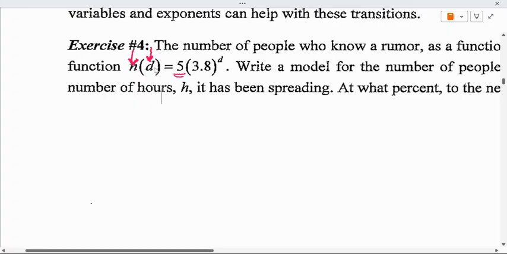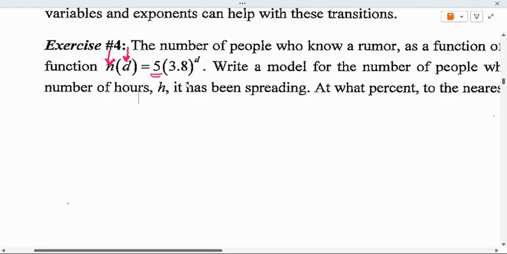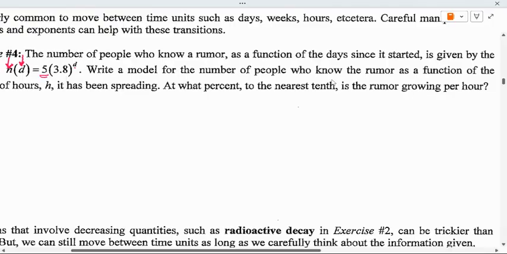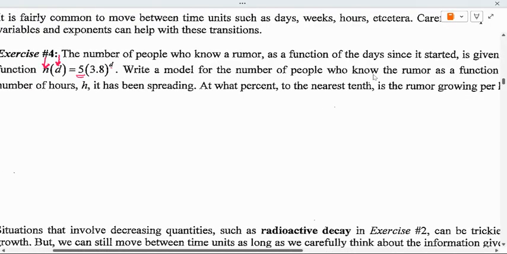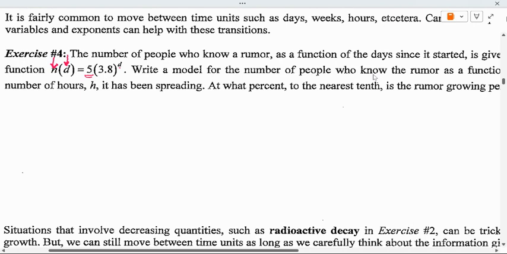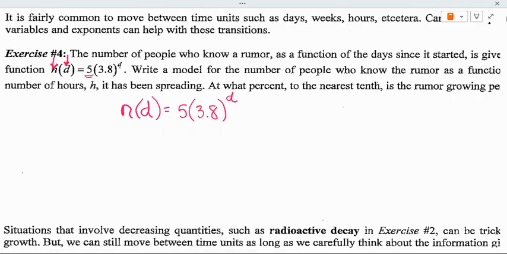So the multiplier is 3.8 per day. We want to write a model that represents how fast the rumor has been spreading per hour. Per hour, okay? So let's see. The number of people equals 5 times 3.8 to the power of D. If I want to know the number of hours, how do I change D?